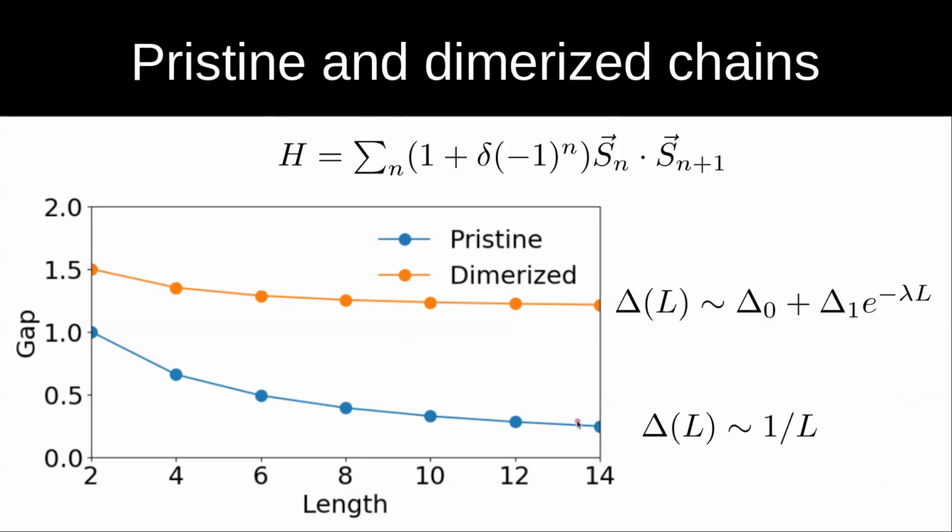Whereas if you have a model that has a gap, this gap creates a new length scale. This length scale is essentially telling you how big you need to make your system in order to see that your gap has saturated to the value in the thermodynamic limit.